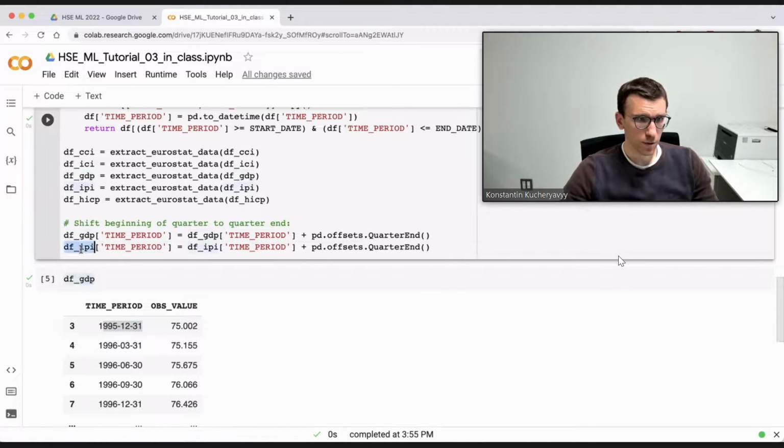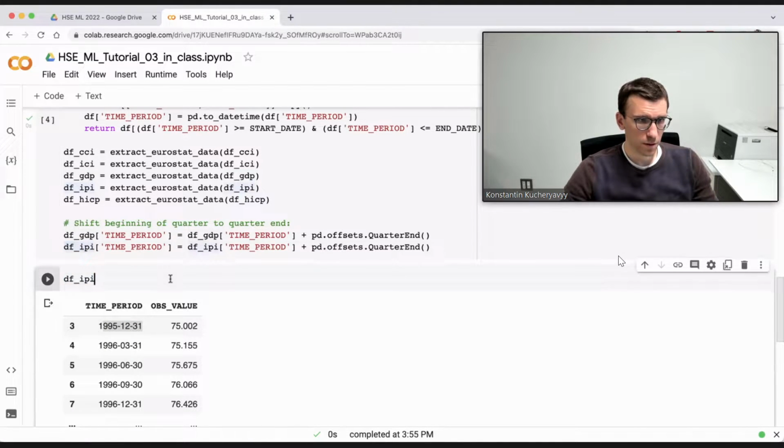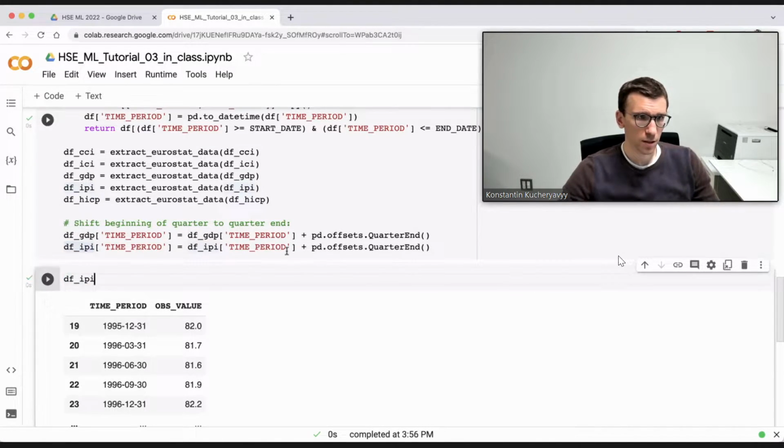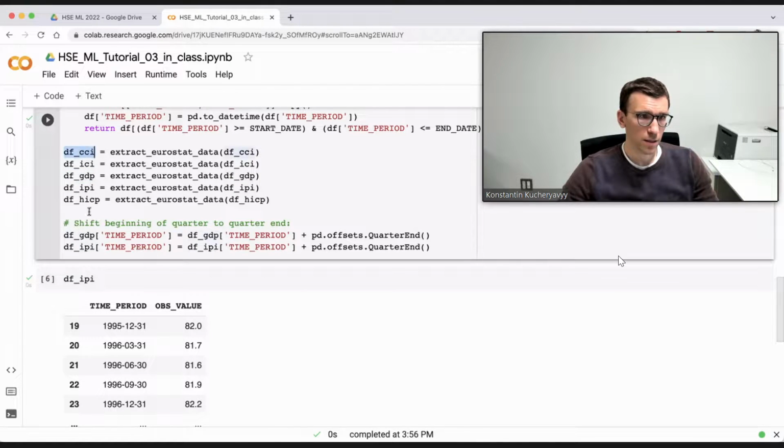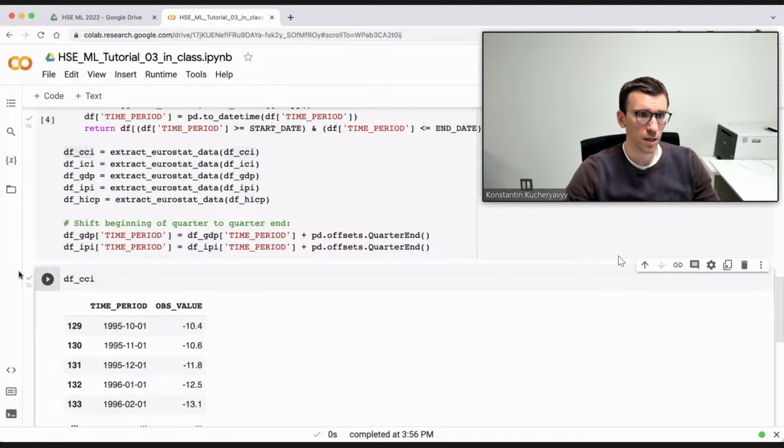And the same with the industrial production index. And, say, this consumer confidence indicator is monthly data. For the last quarter of 1995, I will average these values and assign it to December 31st, and do it for all quarters.